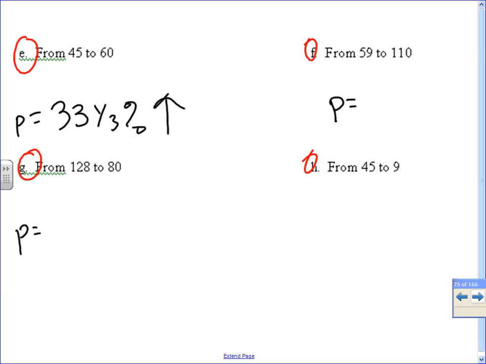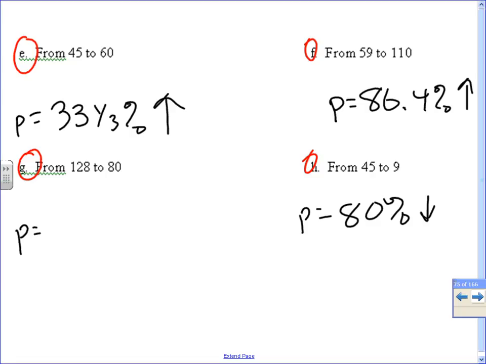I'll come back to you. Adam, letter F. 0.4% increase. Good. Mary, did you do letter H? Okay. Good job. Briar, you ready? Increase or decrease? Good job.